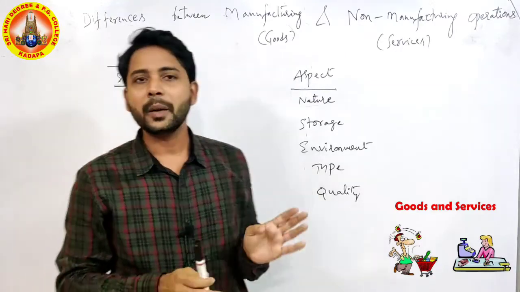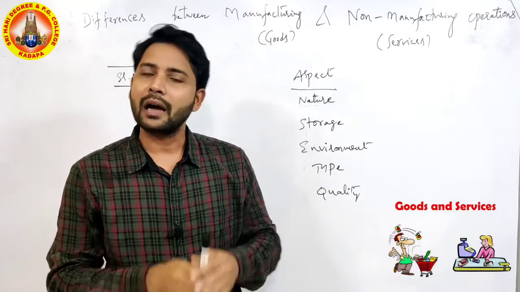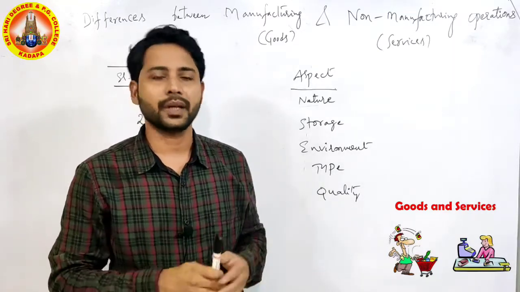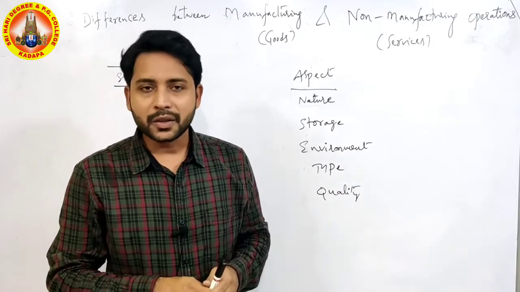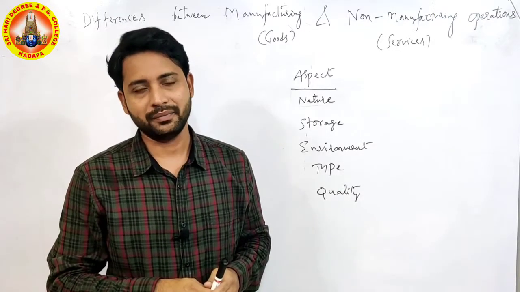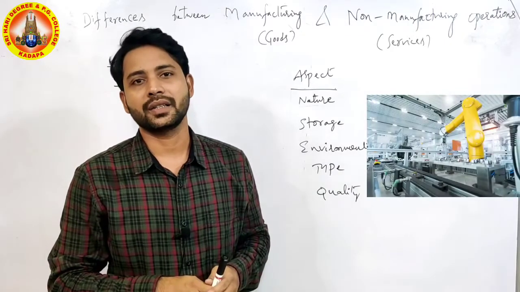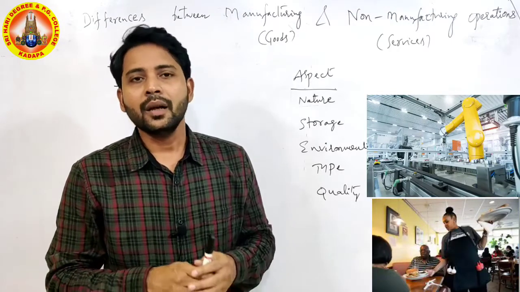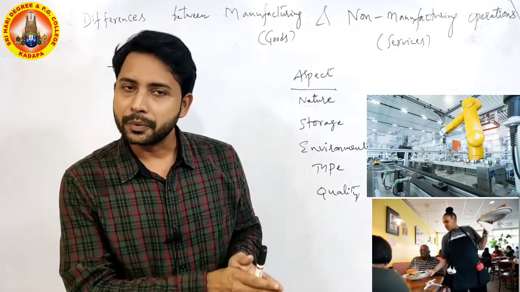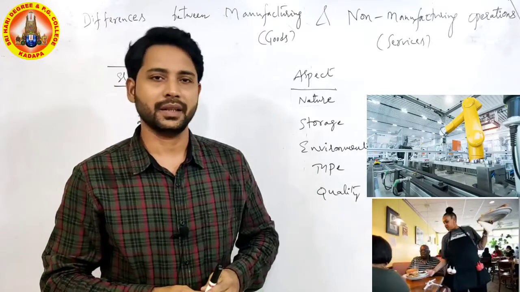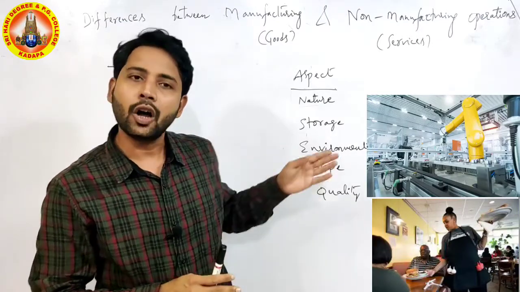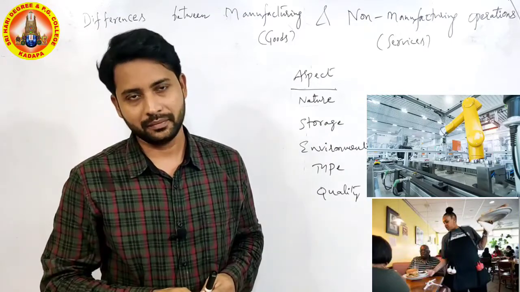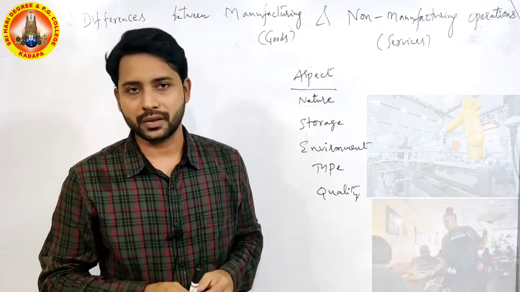Before going into the topic, I would like to explain the categories of organizations that we have in operations management. We have two types of organizations: one, manufacturing organizations, and two, non-manufacturing organizations. Manufacturing organizations are into the production of physical goods and commodities, whereas non-manufacturing organizations only deal with services.